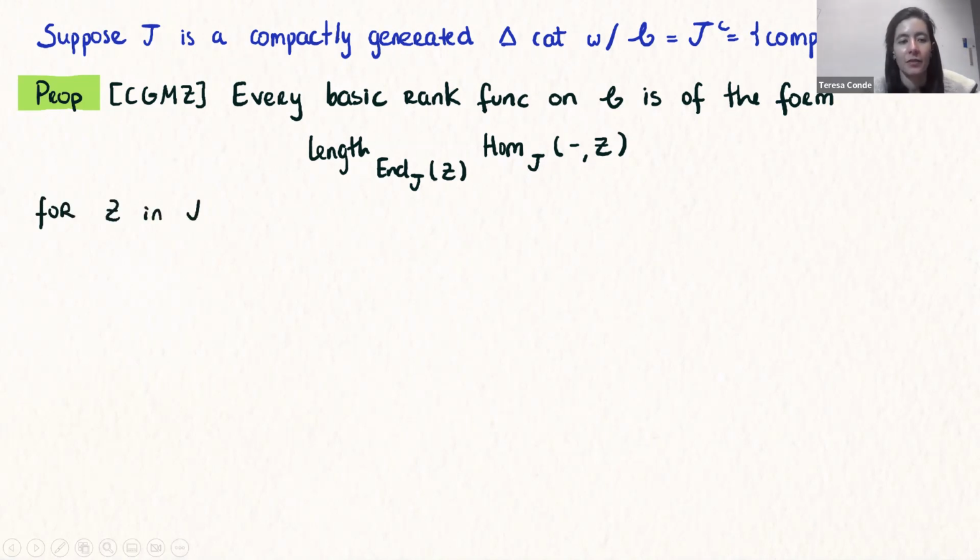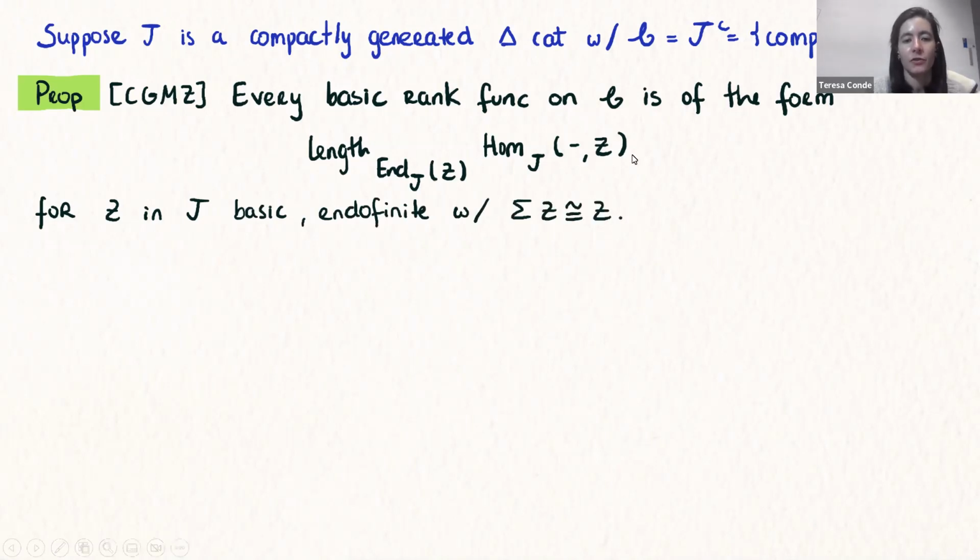They are some length function where Z is some basic object in T, which is endofinite and which is invariant under the action of the translation. I didn't define what an endofinite object was in a triangulated category. I just said what it was in a locally coherent one. But basically, Z being endofinite means that this length over here is finite whenever we plug in a compact object.